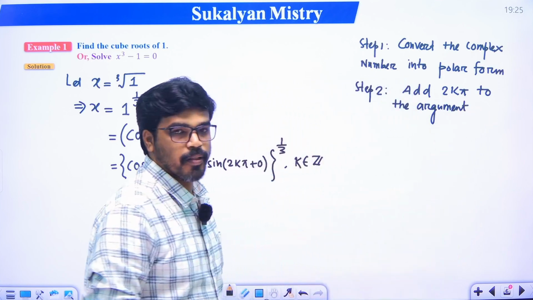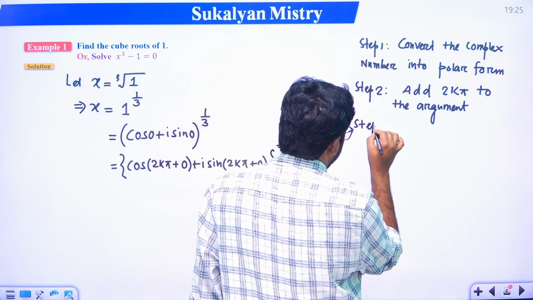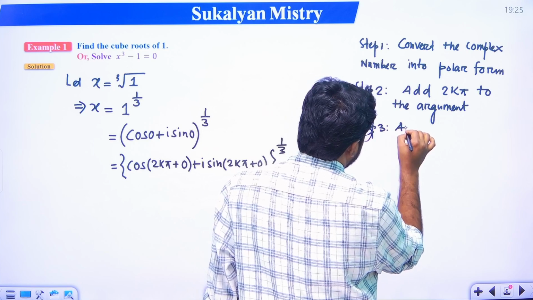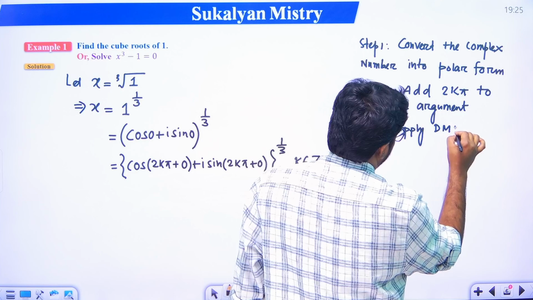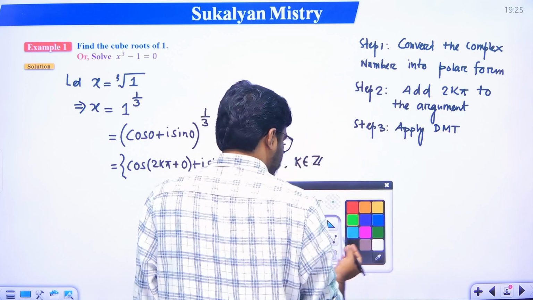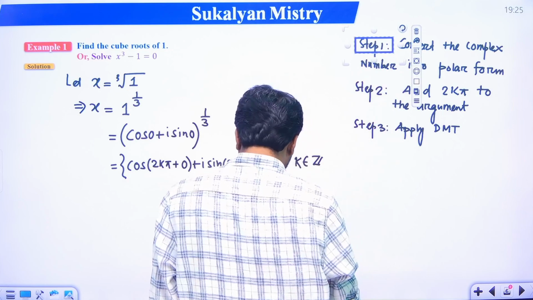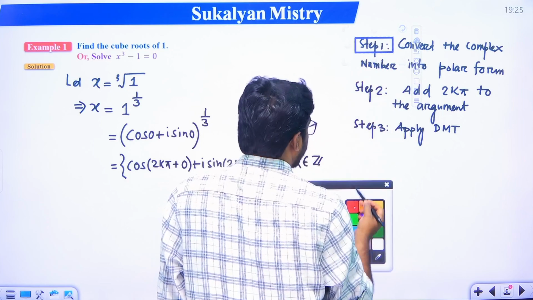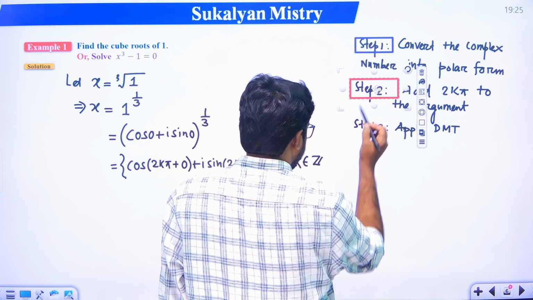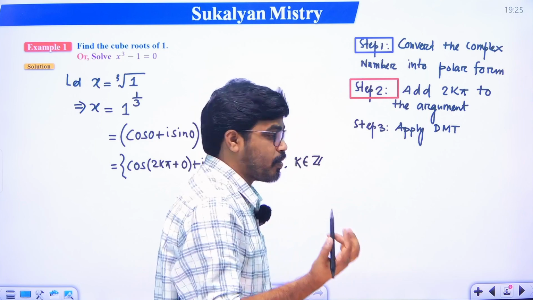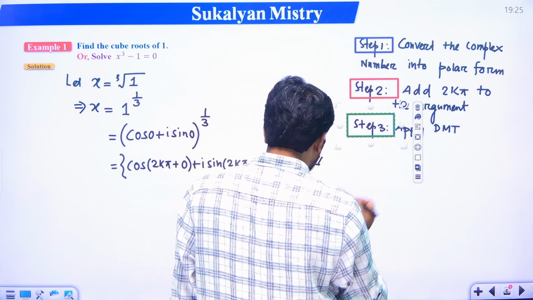Next, step 3, apply de Moivre's theorem. So these are the following steps: first convert the complex number into polar form, second add 2k pi to the argument, and third apply de Moivre's theorem.